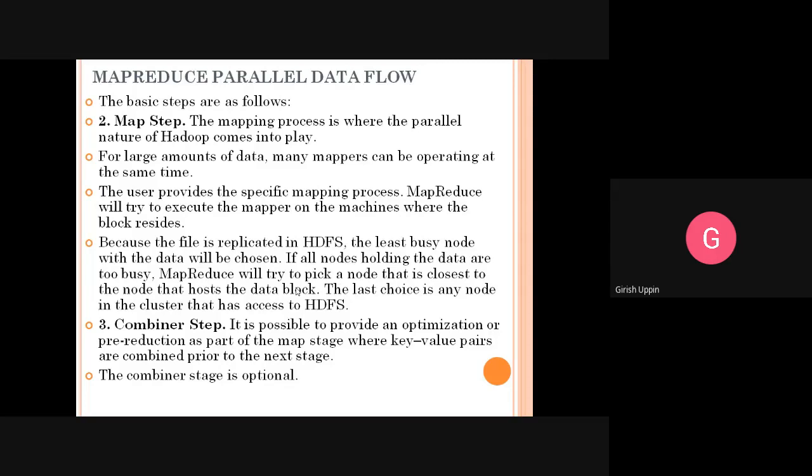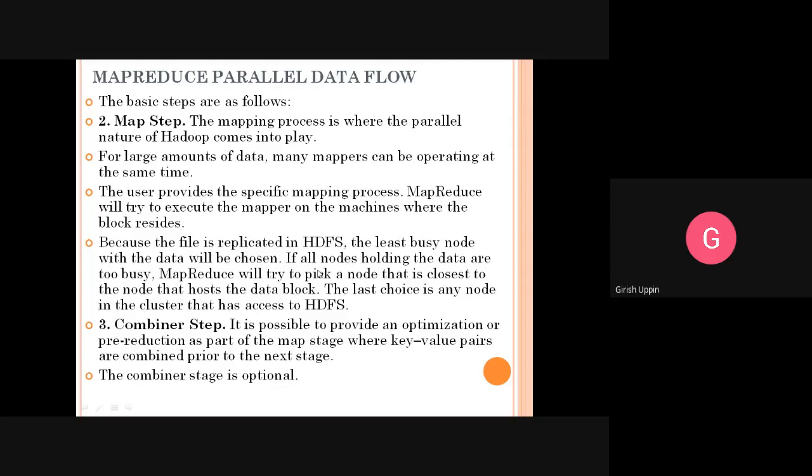Because the file is replicated in HDFS, the least busy node with the data will be chosen. If all nodes holding the data are too busy, MapReduce will try to pick the node that is closest to the node that hosts the data block. The last choice is any node in the cluster that has access to HDFS. So this is the sequence in which it will choose.